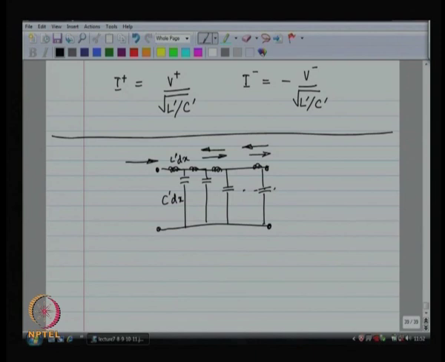So, I have got a forward moving wave, a backward moving wave, and these forward and backward moving waves are both voltage and current waves. The voltage forward moving wave is equal to the current forward moving wave times square root of L by C, that is Z naught, remember.